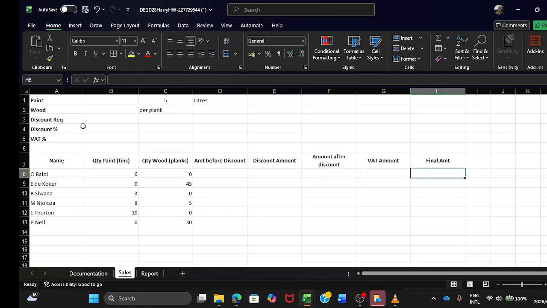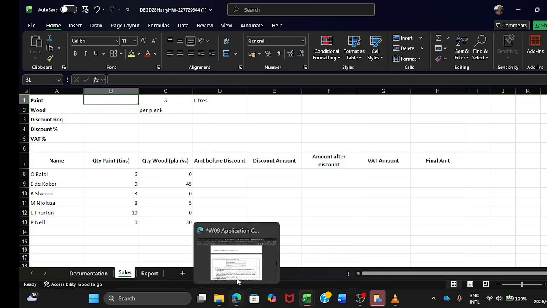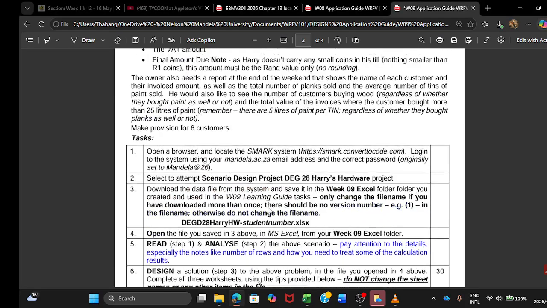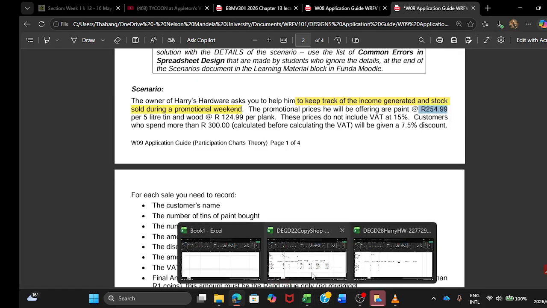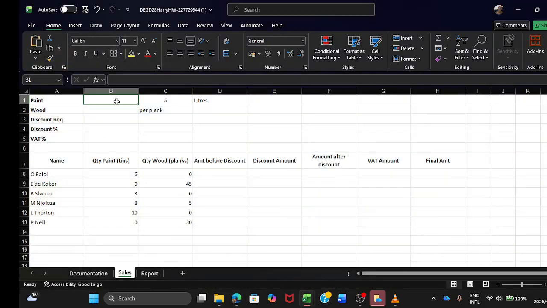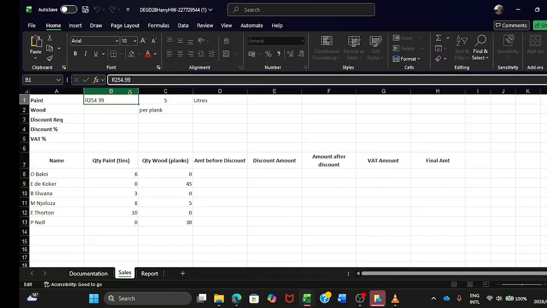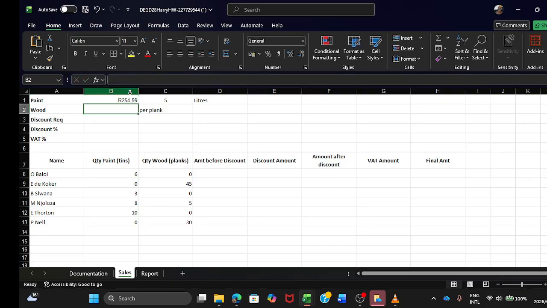Right. So we know that the price for the paint is 249.99. So we're just going to copy this and paste it here. This is the price, right? We're going to remove this because we're working with a comma here.